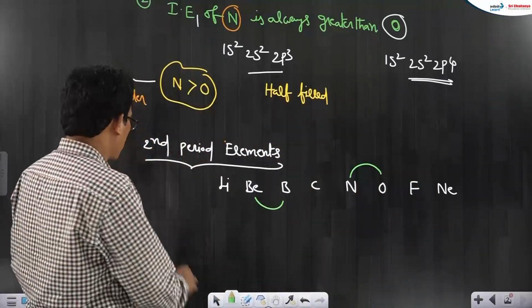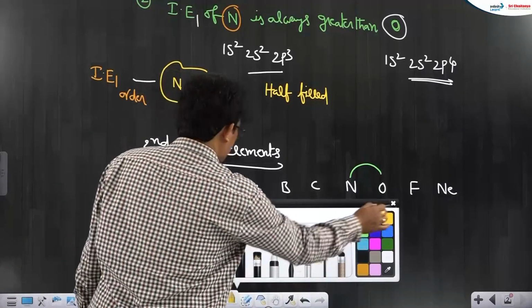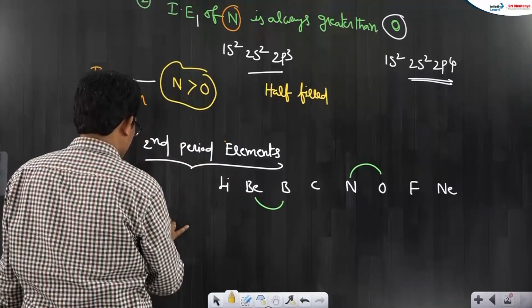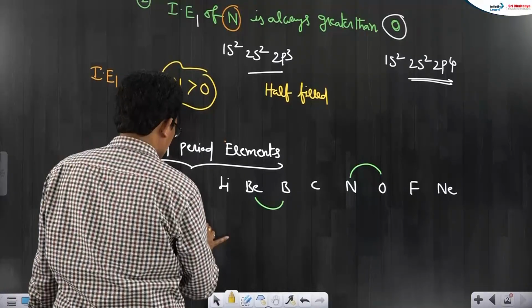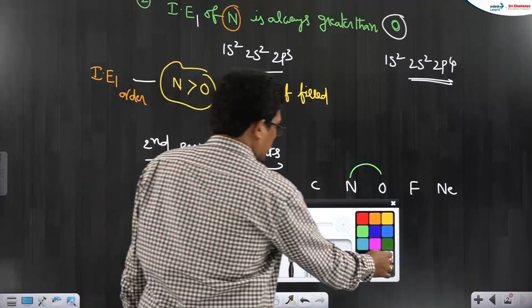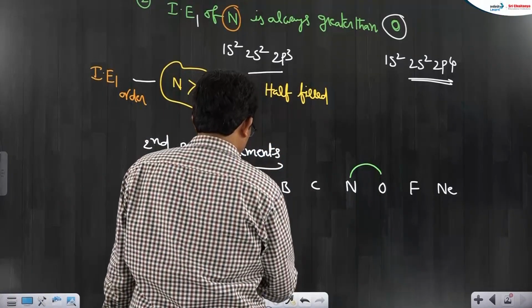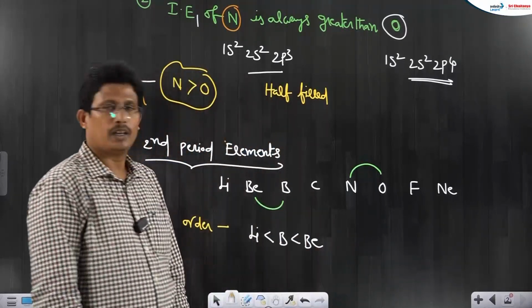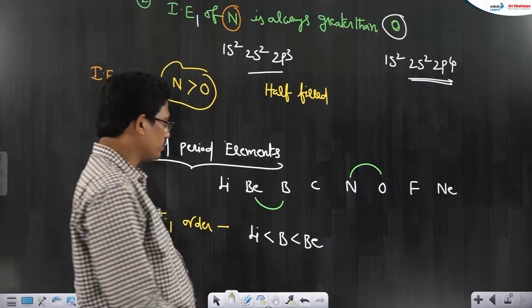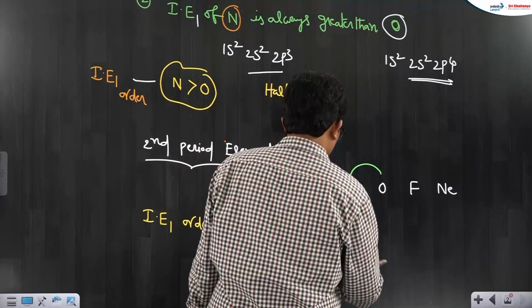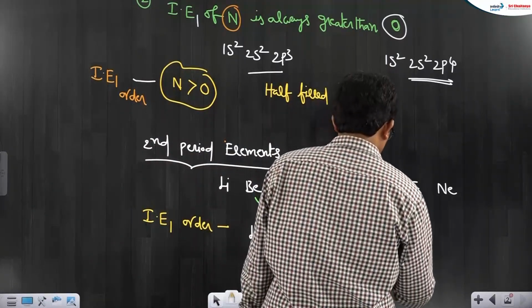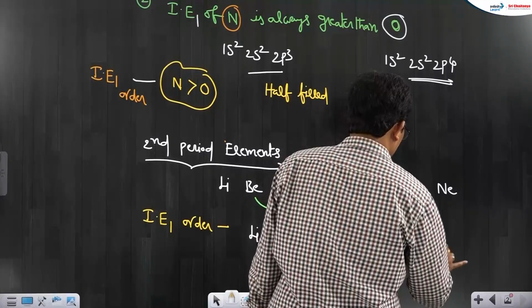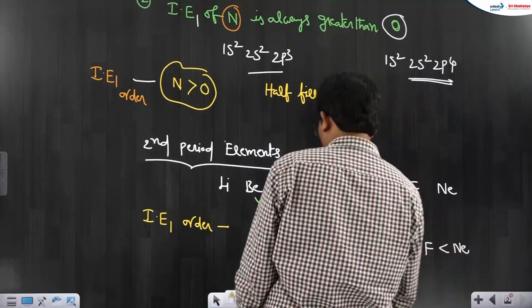While writing IE1 order, lithium less than boron less than beryllium, or beryllium greater than boron, less than carbon, less than oxygen, oxygen less than nitrogen, fluorine less than neon.